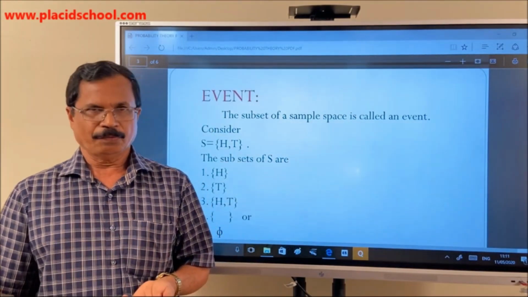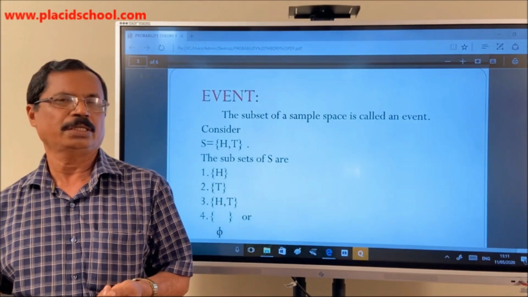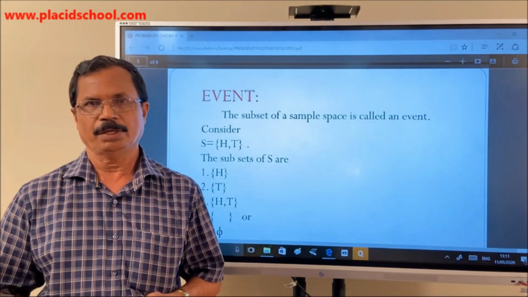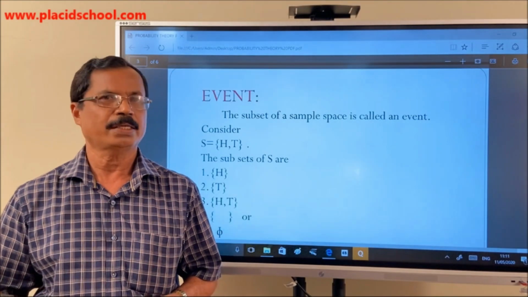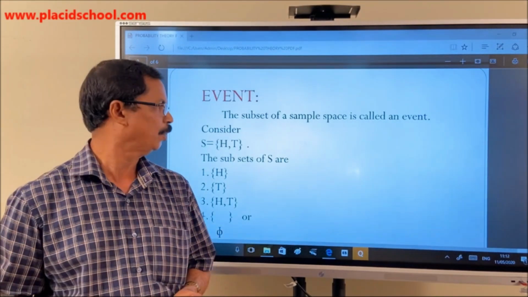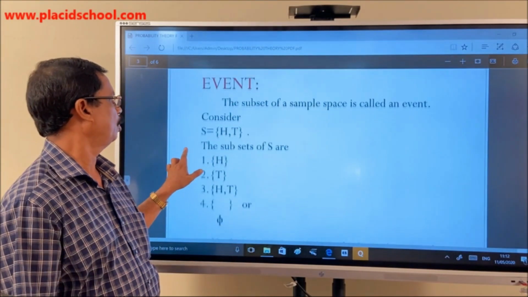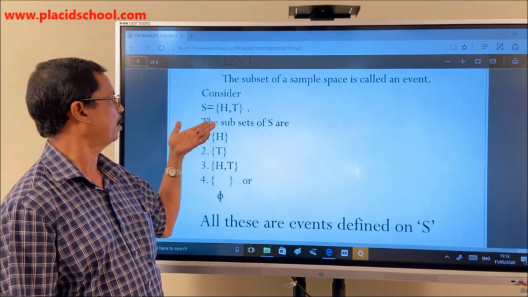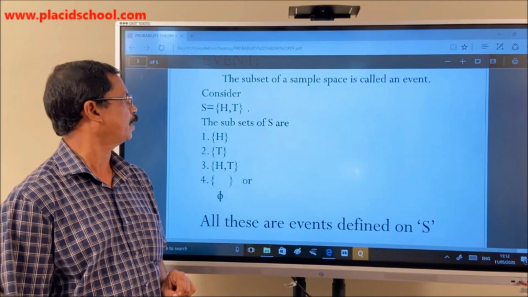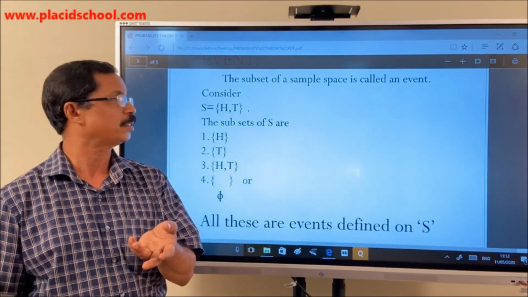Now next is event. What is an event? That is very important. One of the important definitions is event. Any subset of a sample space is called an event. In this example, the experiment tossing a coin, the sample space contains two elements, H and T. We usually call these sample points.